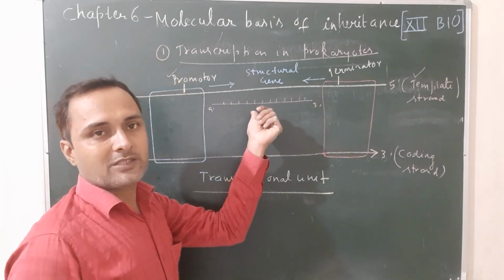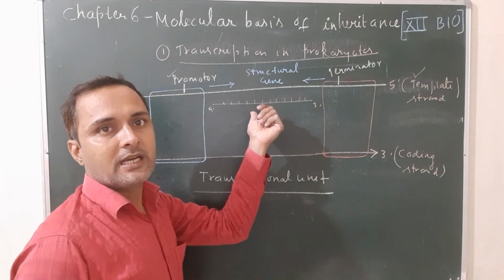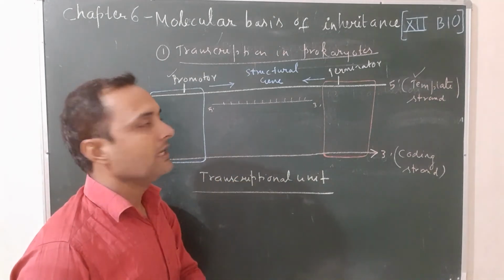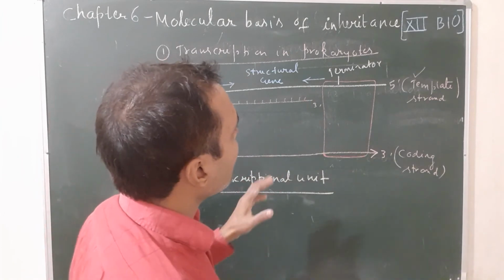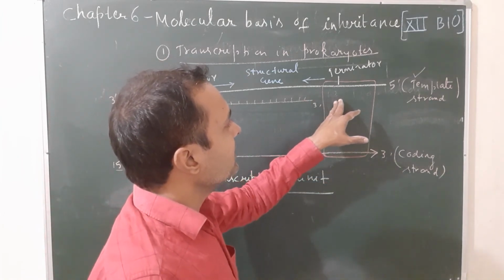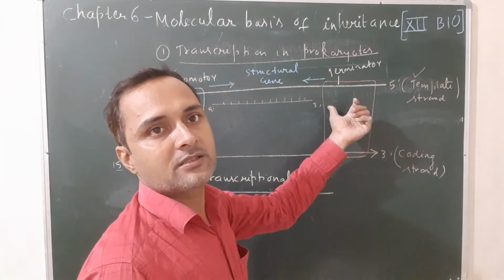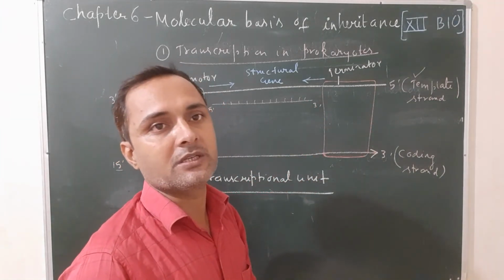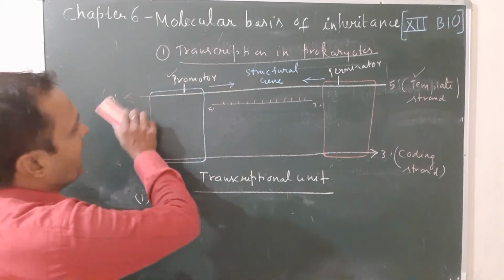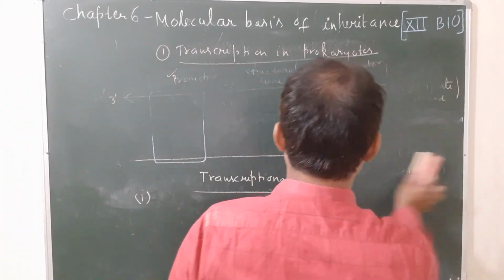This part takes part in transcription and drives the new RNA in the 5 to 3 direction. The terminator is the component responsible for the completion, or end, of the process of transcription. So these are the various parts of the transcription unit.